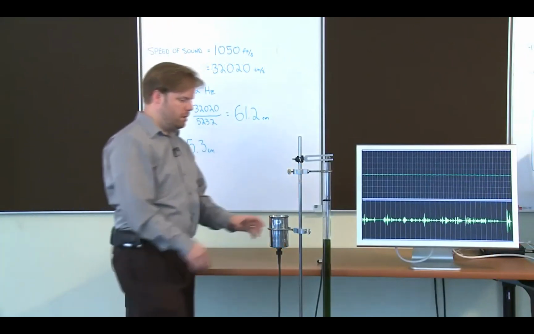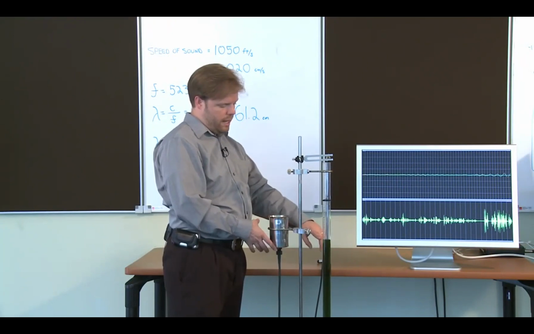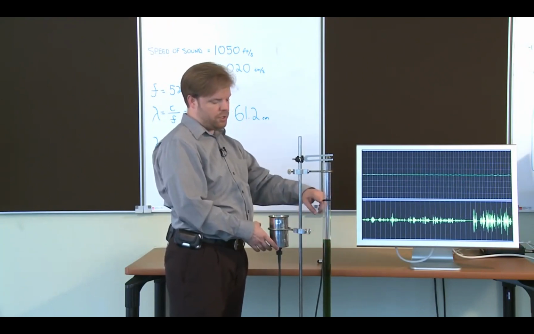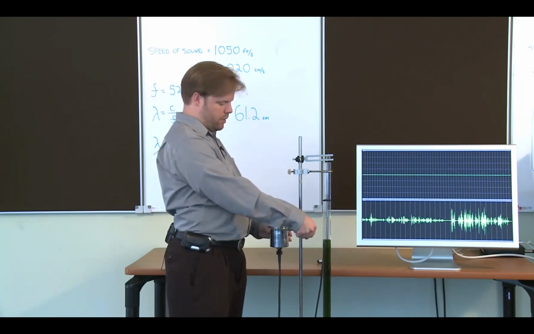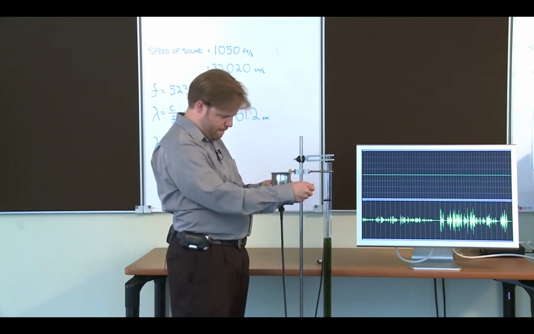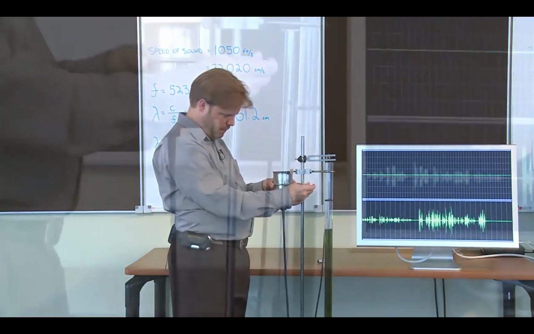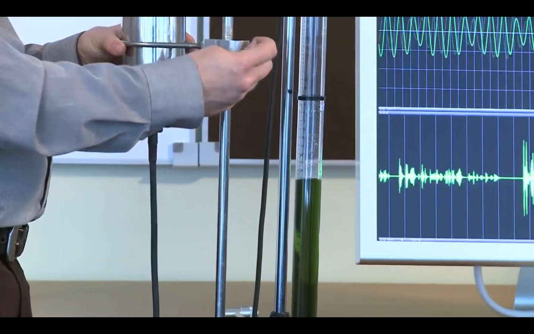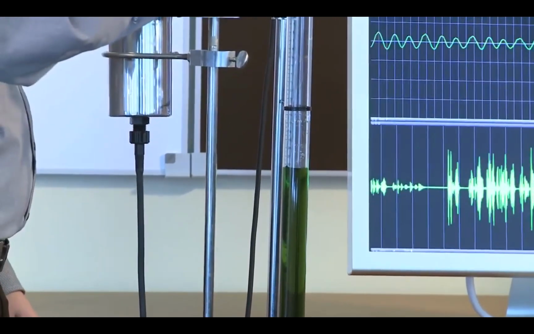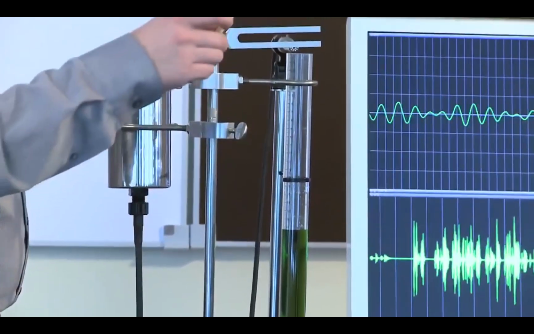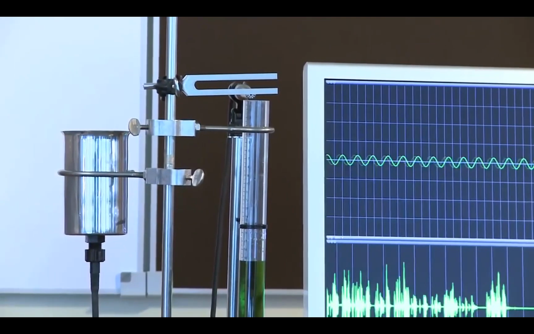So over here, I'm going to raise the level of the water reservoir, and we're trying to get the level of the water to match this mark, which we've dialed in already at 15.3 centimeters. So here we go. I'll raise it up. And you should be seeing now the water level rising. And I'll hit the tuning fork, and we'll wait for the amplitude to get greater as we reach our 15.3 centimeters.